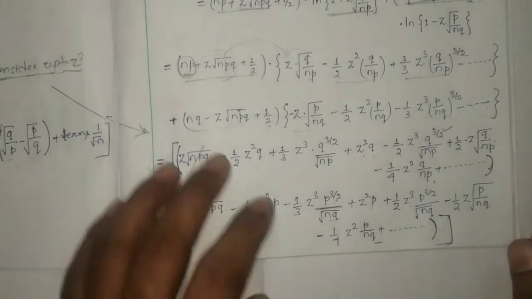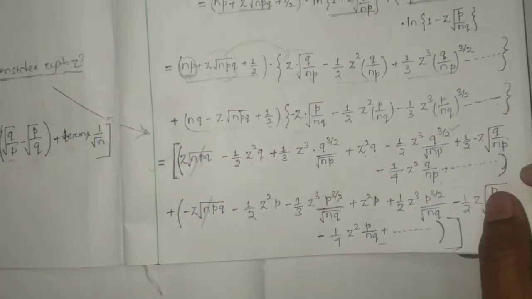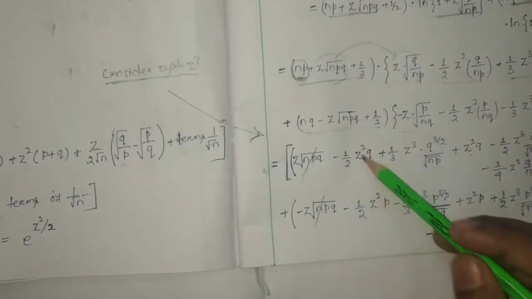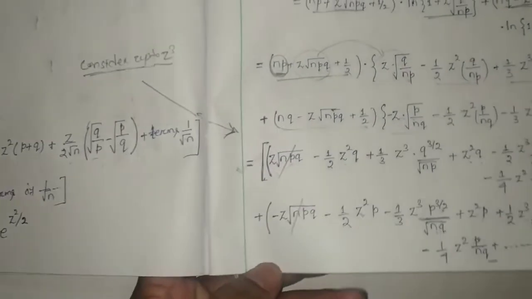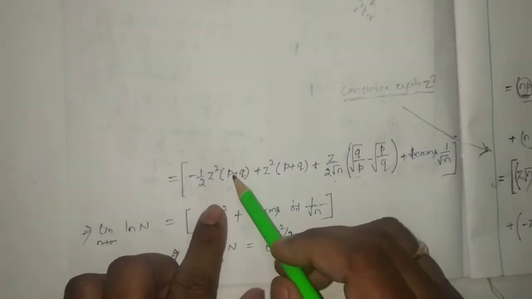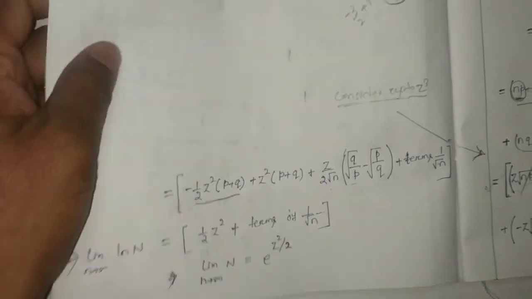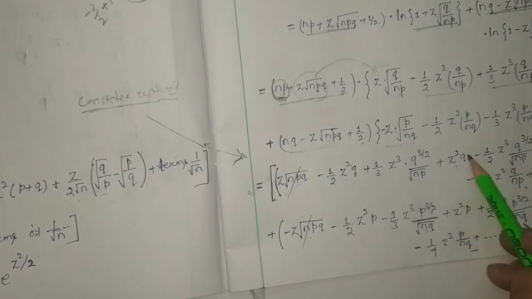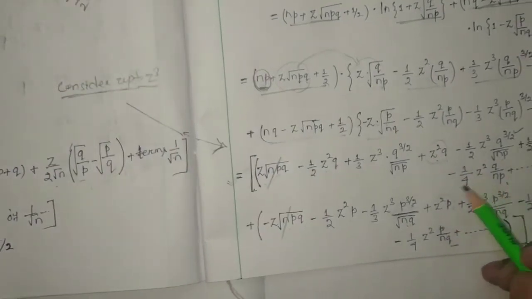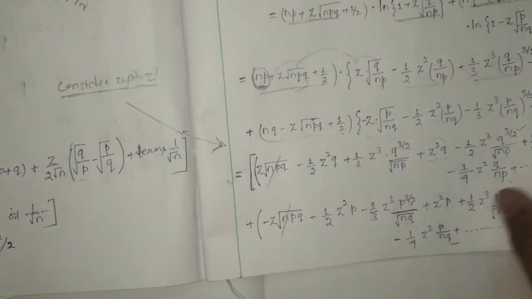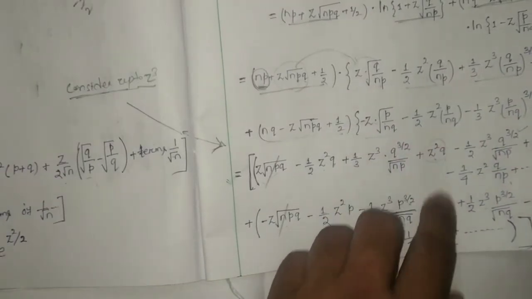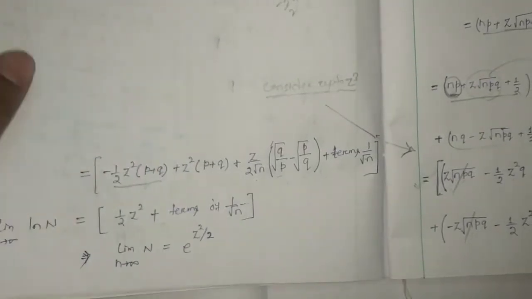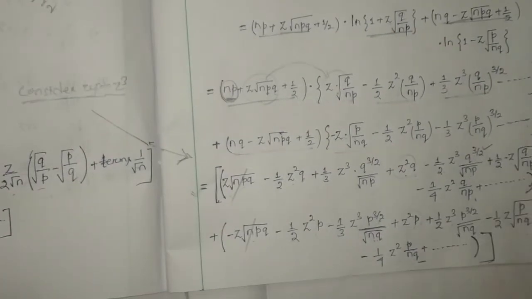So here we can consider these two terms first, this one and this one. So we can take common minus 1 by 2 z square, we find p plus q. Okay, then another two terms we can consider here, z square, this one and this one. If we take common z square among these, we get z square into p plus q, right?